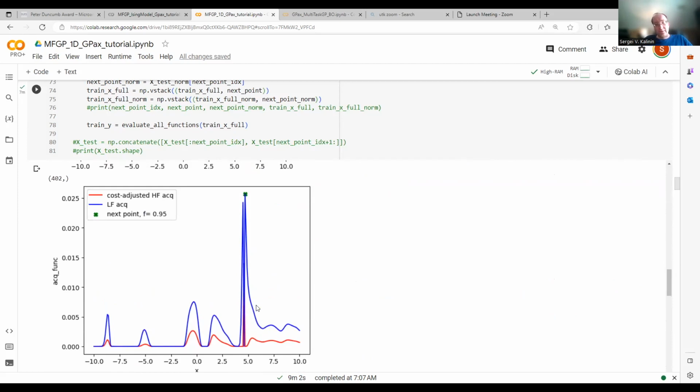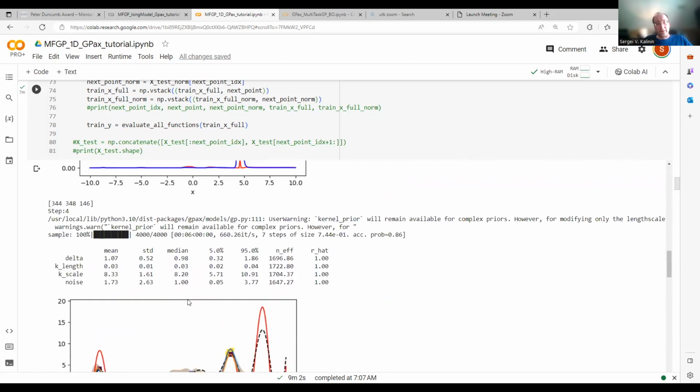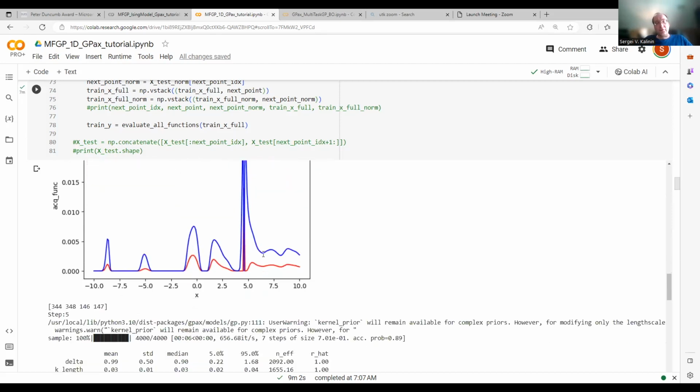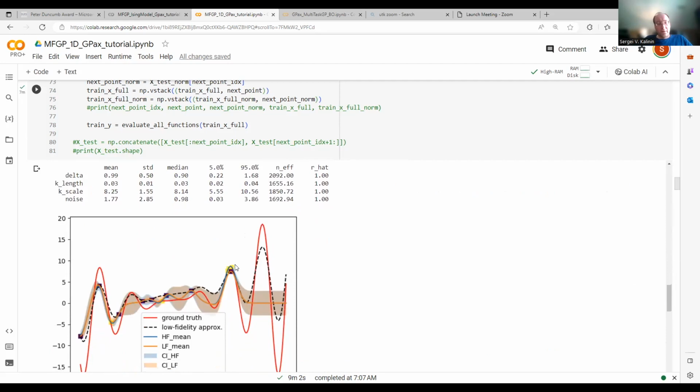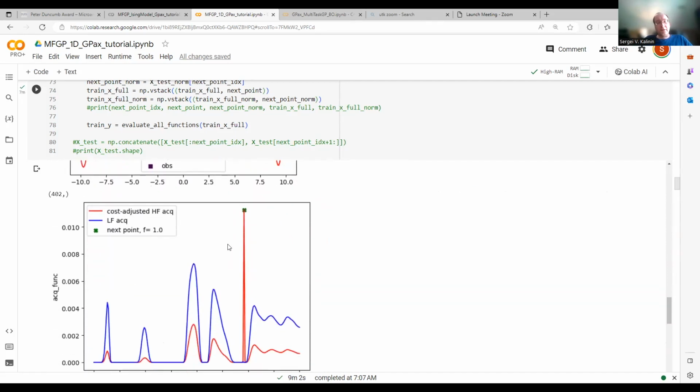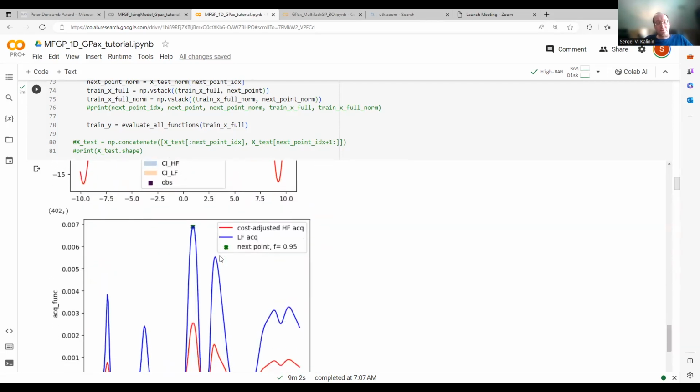So you see that there is a complex structure for the low fidelity function, there is a complex structure for the high fidelity. They kind of go hand in hand, as they should, because in this case, we believe them to be correlated, and they are correlated. And then the process navigates through the exploration of this space, sometimes choosing the high fidelity function, sometimes choosing the low fidelity function to measure.